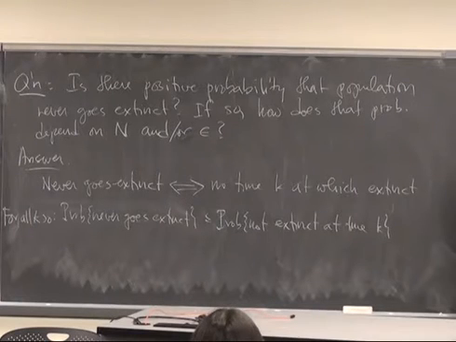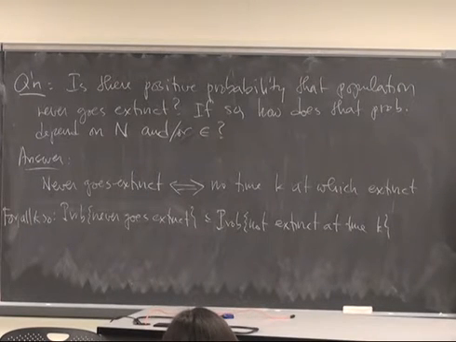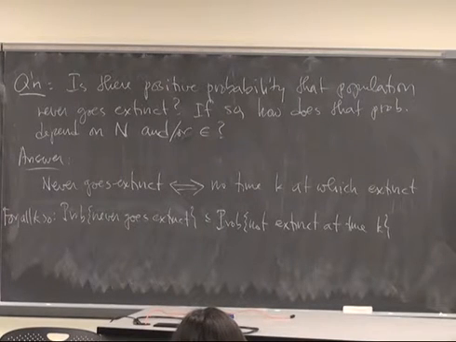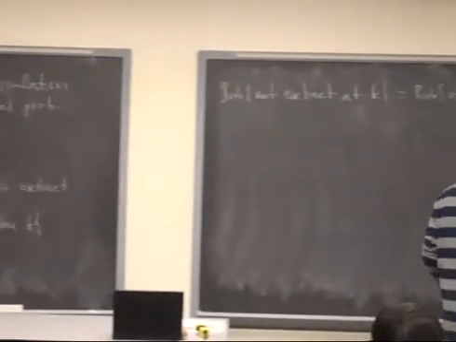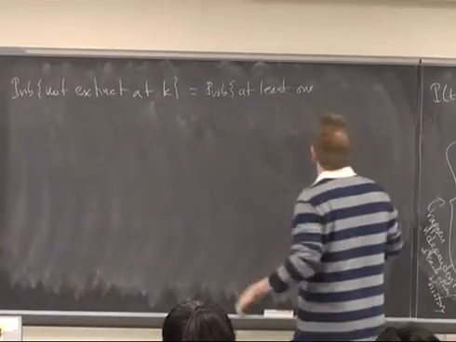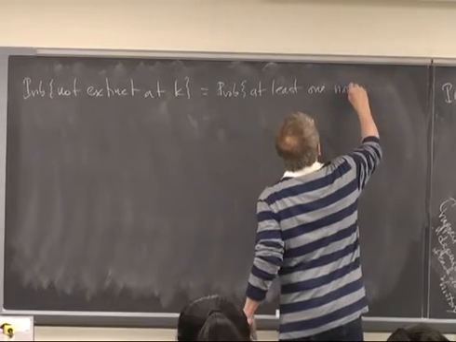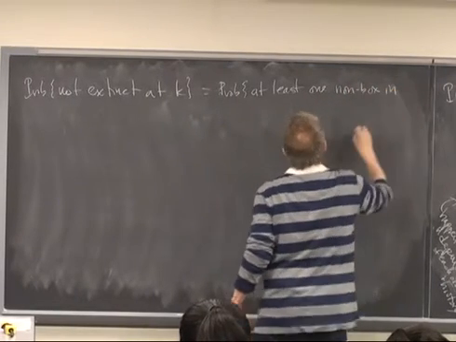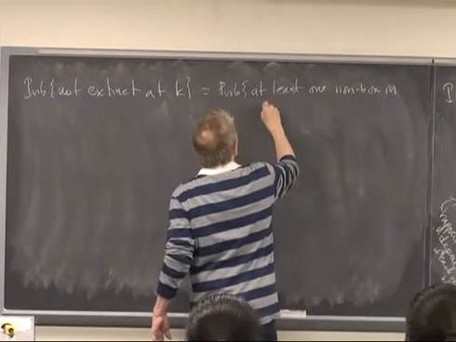The probability that it's not extinct at time k is equal to the probability that at least one, and you can think of these as individuals or population positions, so to speak, there's at least one non-box in the population at time k.